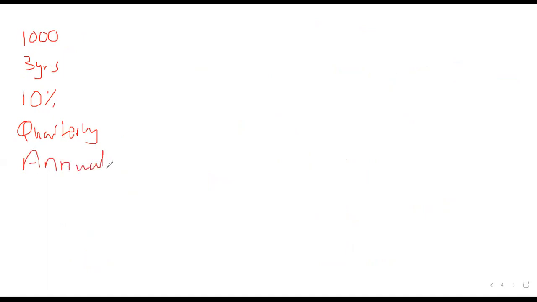Suppose same parameters, we have 1,000 as a principal, 3 years as a time, 10%, but compounded quarterly. Also compounded annually. Also compounded continuously. What formulas do we use?